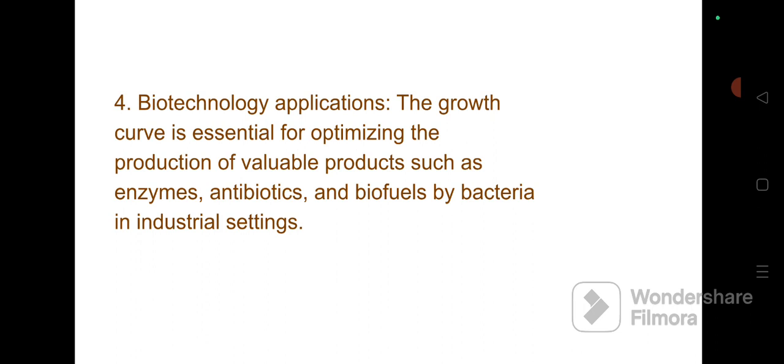If your fermentation products are secondary metabolites like antibiotics, they are produced in stationary or late stationary phase. So if you have an idea about the time at which your culture is going to enter different phases, you can decide the time of harvest of the fermentation broth to obtain the maximum amount of product.